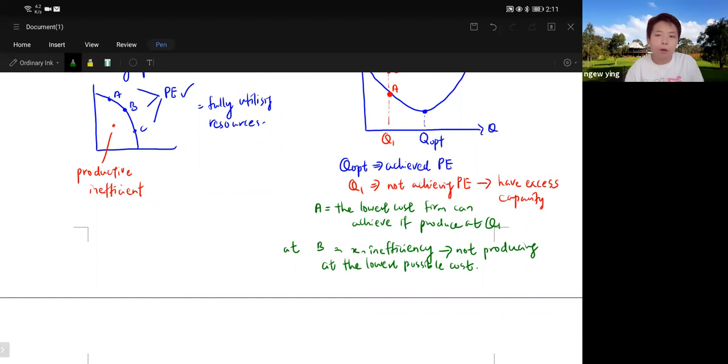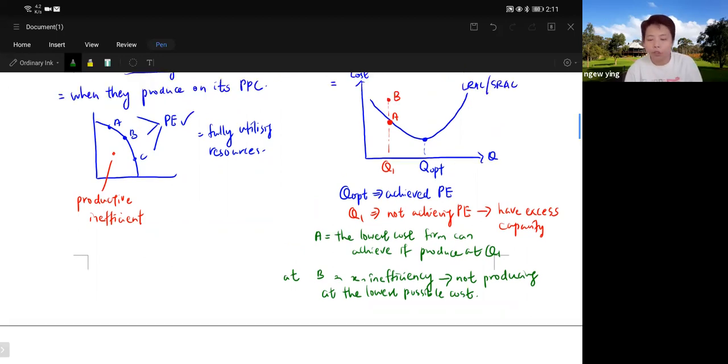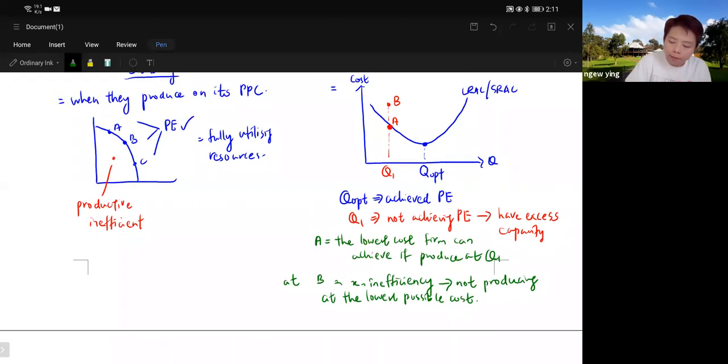Which means even though you are producing at Q1, actually you have the potential to drive your cost to A, but you are not doing it. You are allowing your cost to be at B. So in this case, you are said to have experienced something called X inefficiency, or another word, organizational slack. It is all in the ASA compilation or the ASA guide, so you can refer to it later. Okay, now moving on.